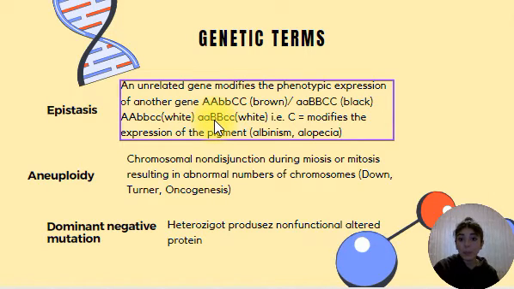Or if BB is dominant but CC is recessive, you will have white hair, etc., etc., right? So the unrelated gene here is CC because it does not contribute to your actual color, but it contributes to the presentation of this color. So this color will be brown only if CC is present.